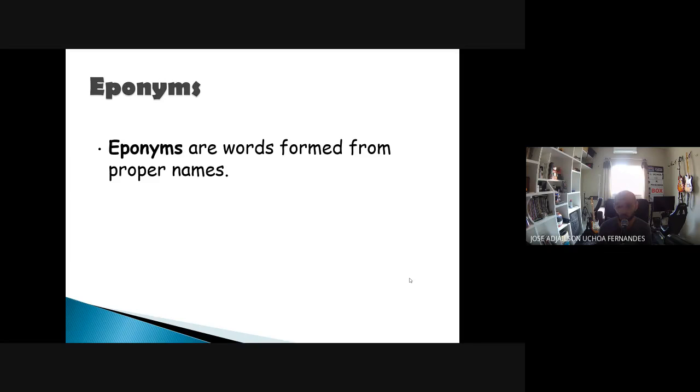Can you think of other eponyms? Some adjectives are eponyms. For example, if you stick to Marx's ideas, you are Marxist. If you believe in Darwin's theory of evolution, you are a Darwinist, and so on.